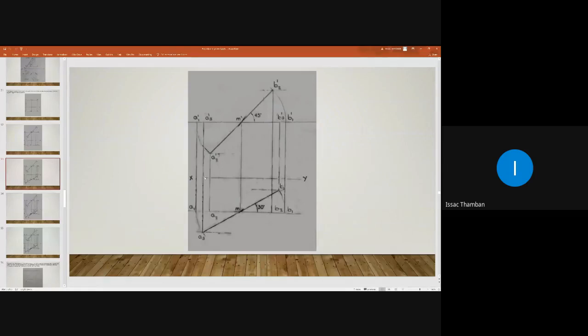So draw a vertical projector like this, and another projector like this. Here it will intersect A1 dash, B1 dash, here and here. And that is A3 dash and B3 dash. Obtain A3 dash and B3 dash. And that is the elevation length of line AB.